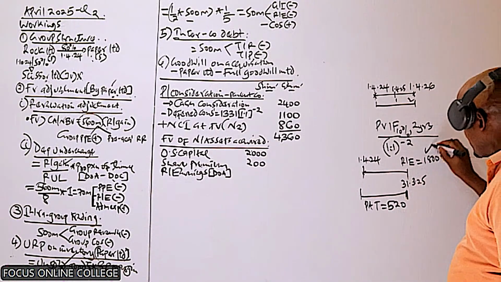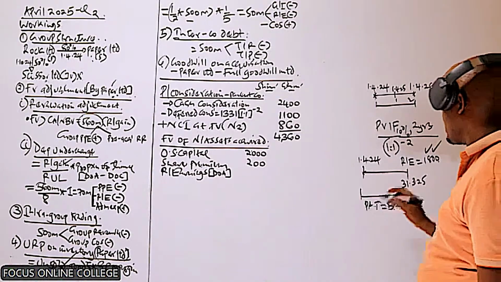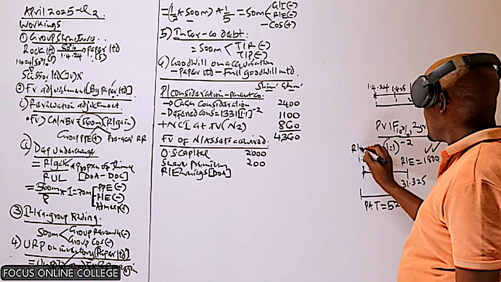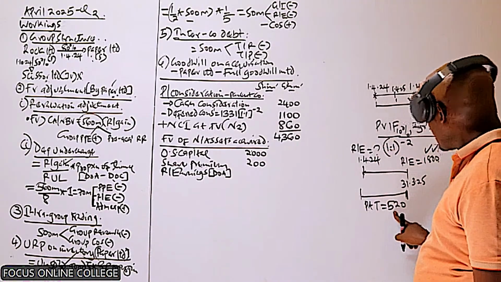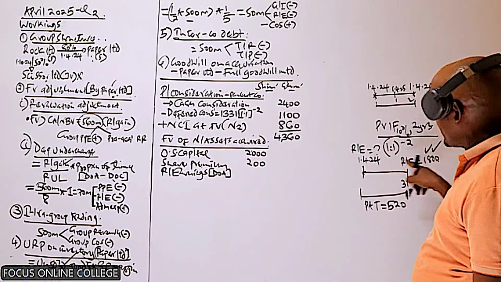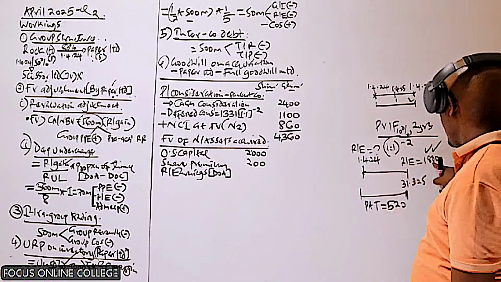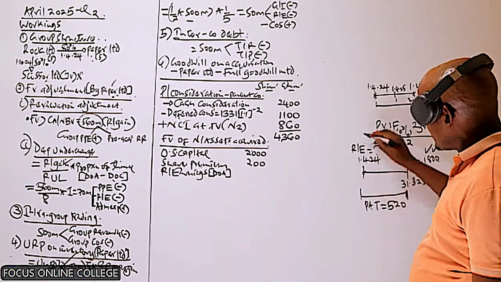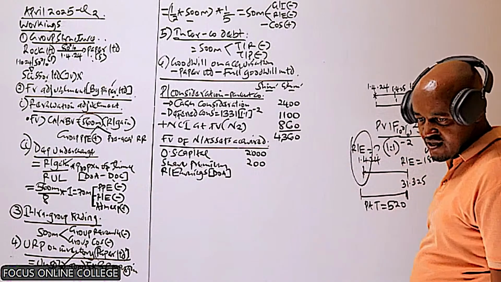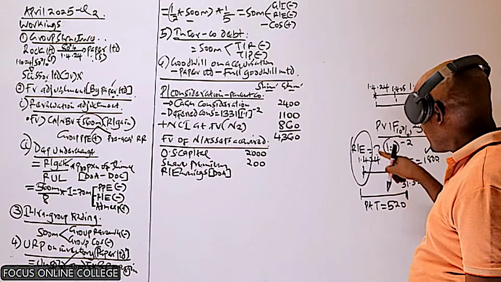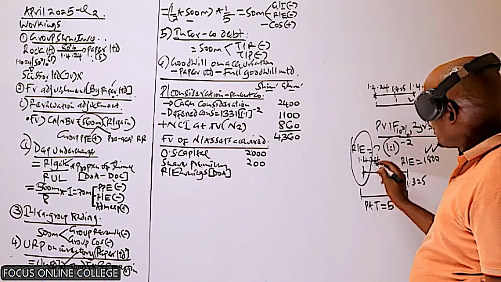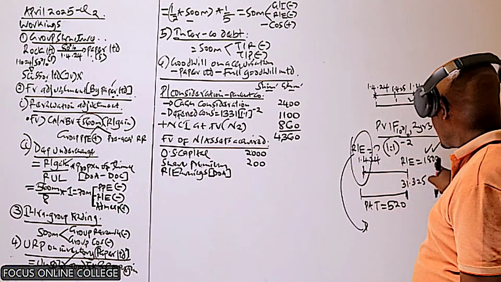So how do we arrive at the retained earnings at the end? We take the retained earnings at the start, which we don't have, and add this, and we get this. What we are interested in is the retained earnings at the start. So we take this minus this.